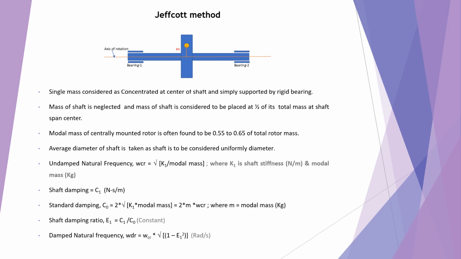If the shaft damping is C1, in Newton second per meter, the standard damping C0 is equal to 2 into the square root of K1 into modal mass, so 2 m omega CR, where m is the modal mass. Shaft damping ratio E1 is equal to C1 upon C0, a constant. So the damped natural frequency omega DR is written as omega CR into the square root of bracket start 1 minus E1 square bracket close, in radian per second.